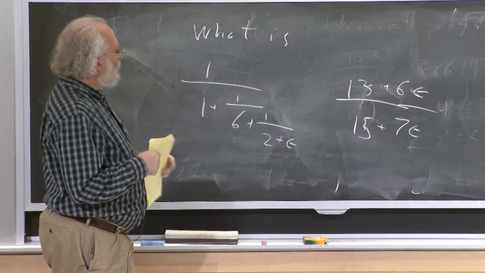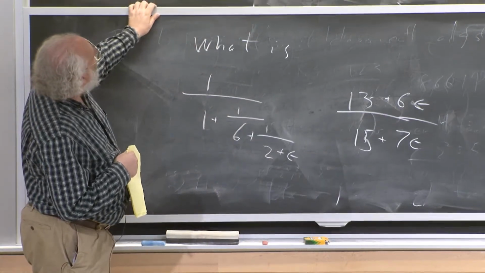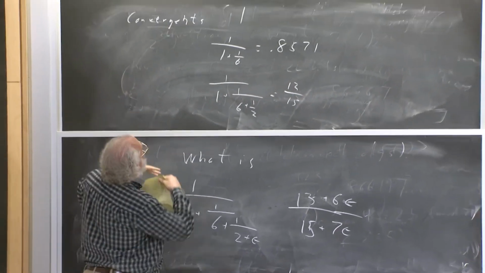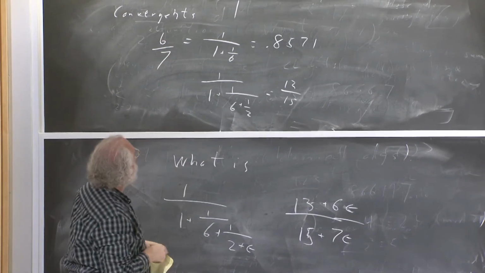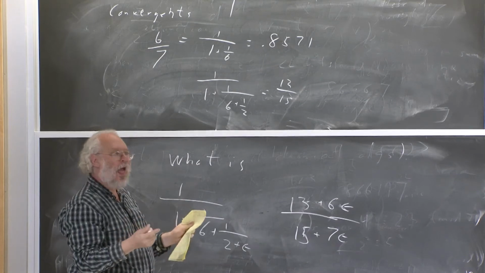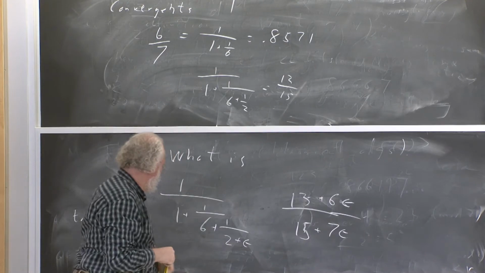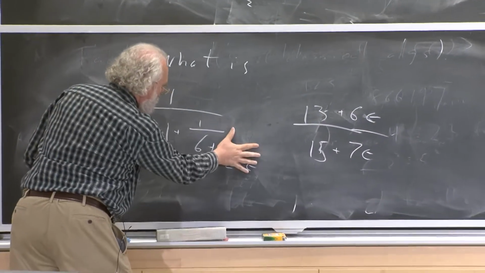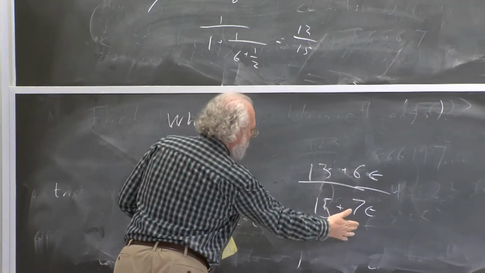Now, when epsilon equals 0, we know it's 13/15. And did anybody notice that this was 6/7? So 6/7 is the convergent before that. And if you plug in epsilon equals infinity, it gets rid of this last term, so you get the convergent before that, 6/7.